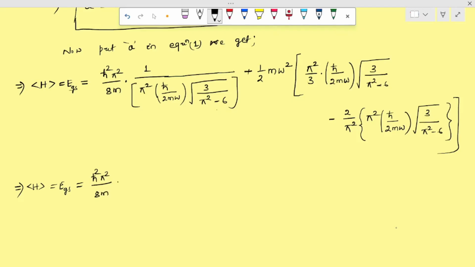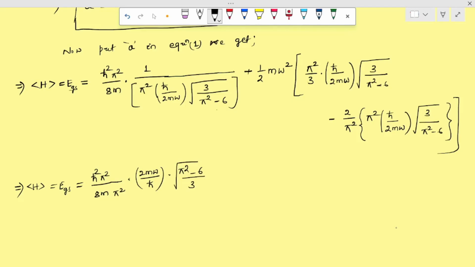Then this one, if written in reverse, it will be 2m ω by ħ, and if the denominator part is moved to the numerator, this will be π² minus 6 by 3 root over.